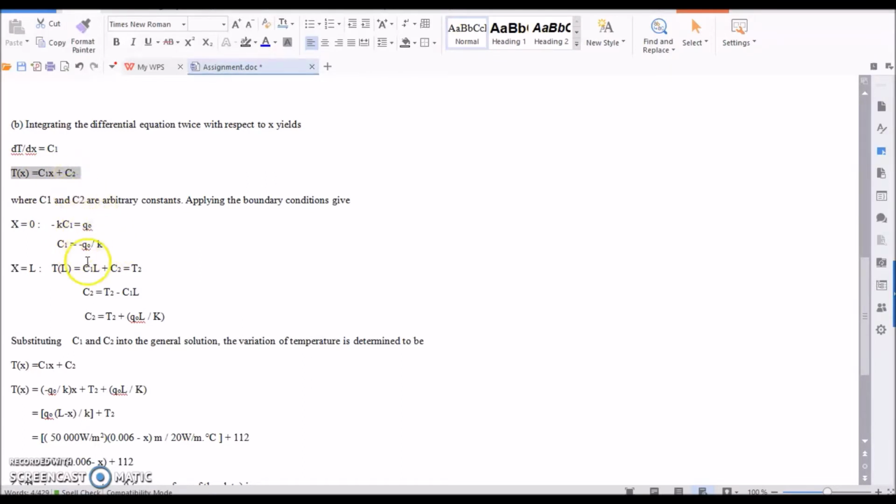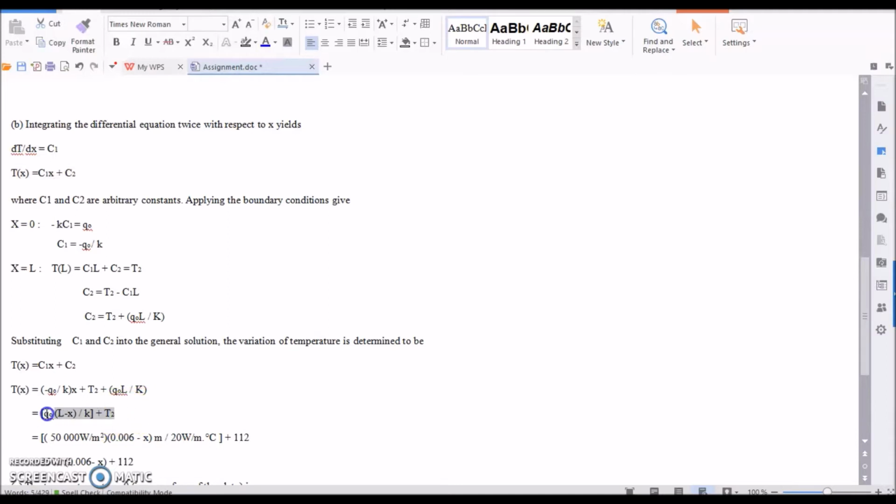And for C2, we substitute T2 plus qL per k. Then after we substitute all that, we get this equation. And if you can see, we have q over k here and q over k here. So we can factorize. When we factorize, we get q times the bracket of L minus x, divided by k, then plus T2.